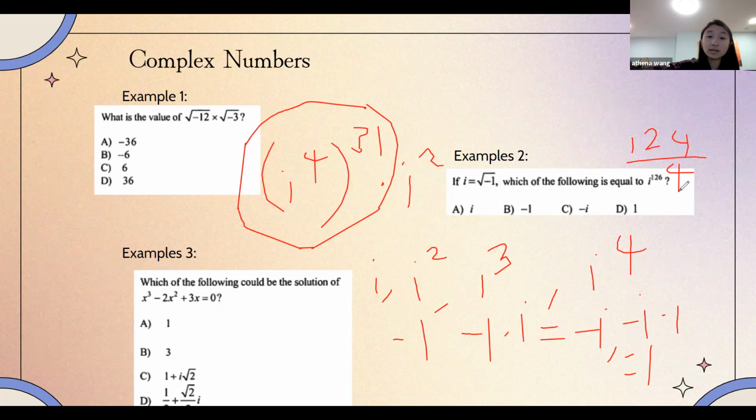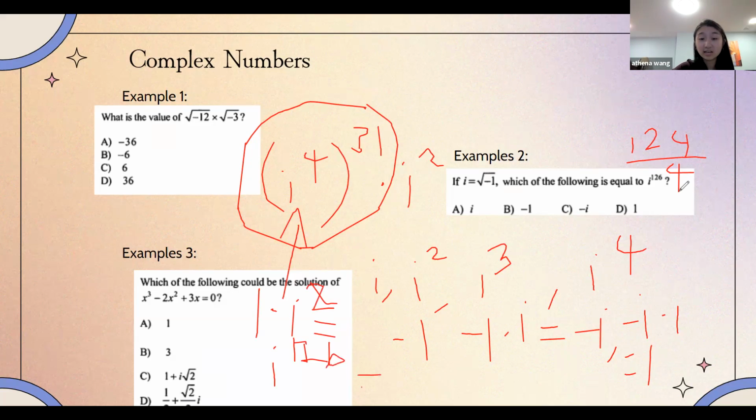And so, since 1 to the power of anything is always 1, this is 1 times i squared, which is equal to i to the 126, and this is just -1.